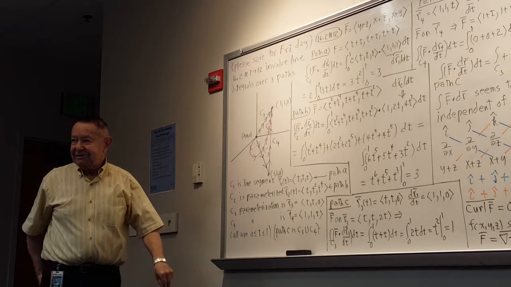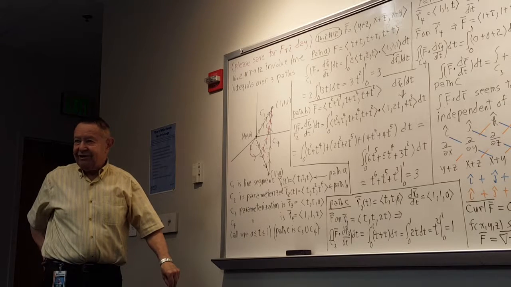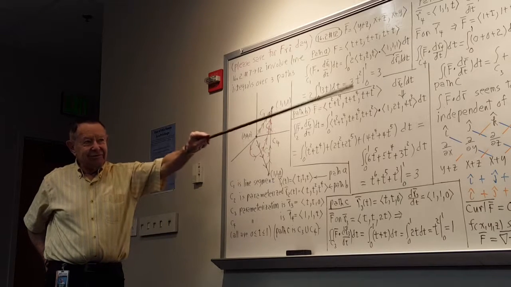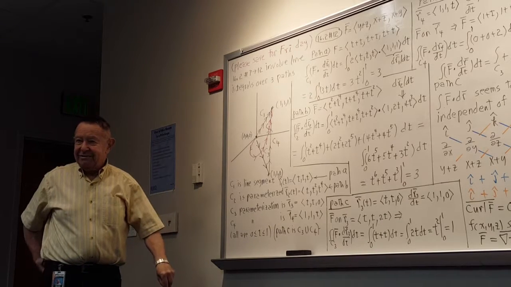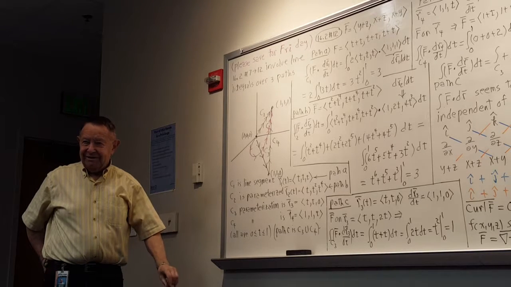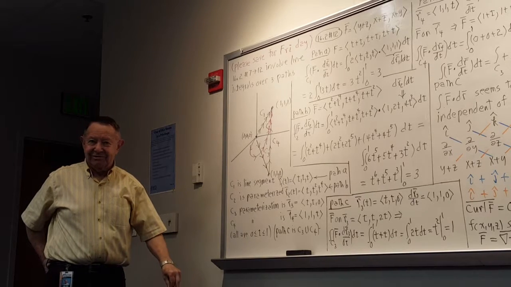So you might hazard the guess that you're actually dealing with a field that's independent of path. Okay, for which, if you were following what I was saying over there, you have a way to test, right? It's independent of path if and only if curl is 0.